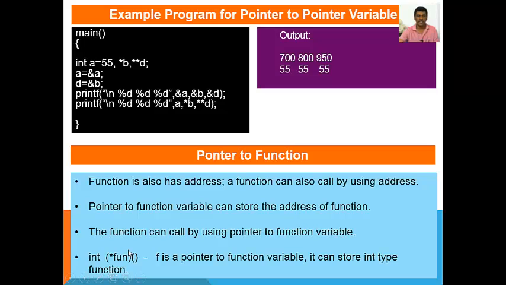That function should return an integer, so that's why we give the integer type here. Int (*fun). So fun is a pointer to function variable. It can store an integer type function. This is a function pointer variable declaration. A function pointer variable is also called a pointer to function. This variable can store the address of a function.